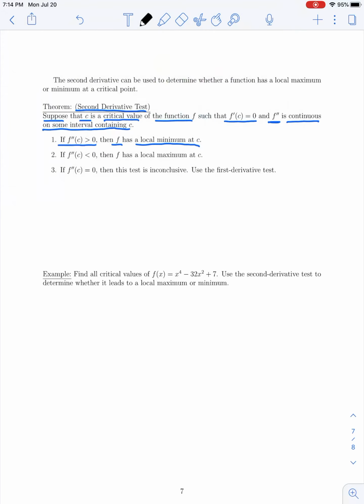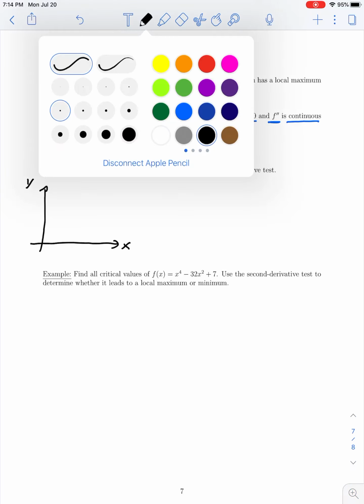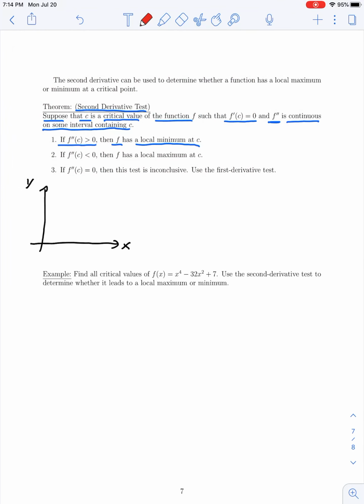Let's think about geometrically why that would be true. So if we had some function, and let's say this graph looks something like this. So the graph is y equals f of x, and we have a critical point or a critical value at some value c.